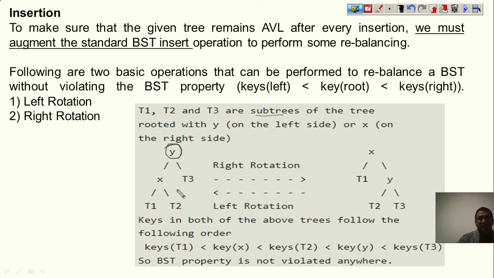When you do a right rotation at Y, what is going to happen?